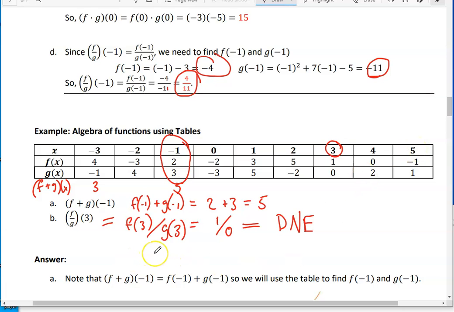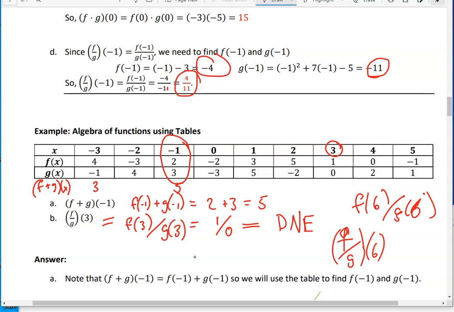If someone said, what is f of 6 divided by g of 6, what would I say? I don't know f of 6, and I don't know g of 6. I'd have to say, well, that's something divided by something. I don't know what it is. It's not in my table. I'd have to say, sorry, can't tell you. It's not in my data.